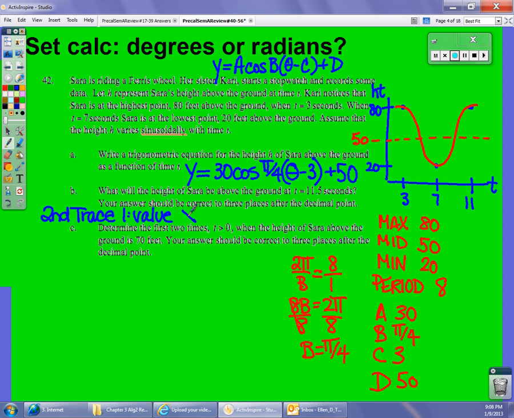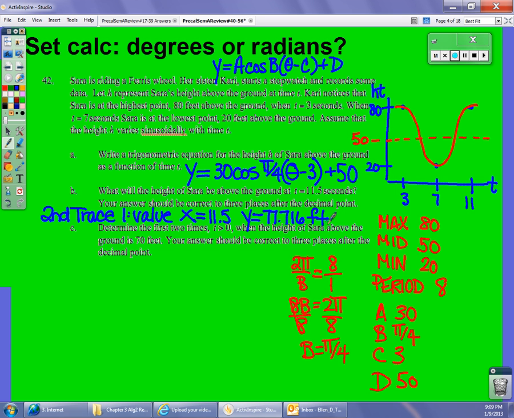And when it asks you x equals, put in 11.5. When you do this, it will tell you y equals 77.716 feet. That's correct to 3 decimal places.